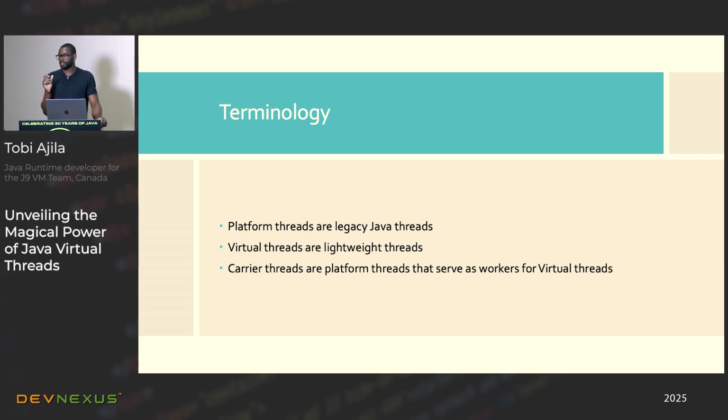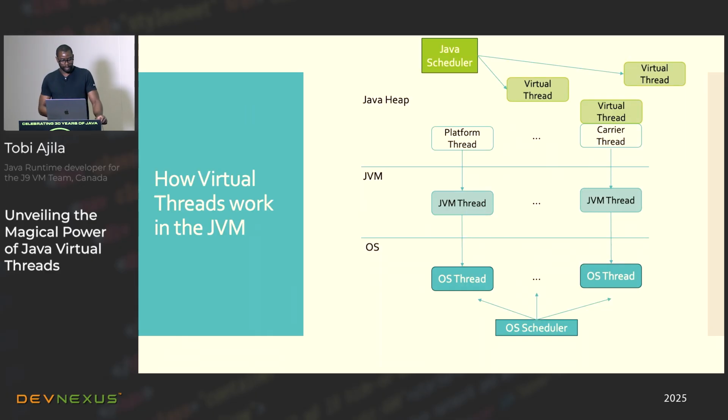And then virtual threads are the new lightweight threads. And then carrier threads are a special class of platform threads. They're identical to platform threads, but their sole purpose is to act as worker threads for the virtual threads. And we'll see how those interact.